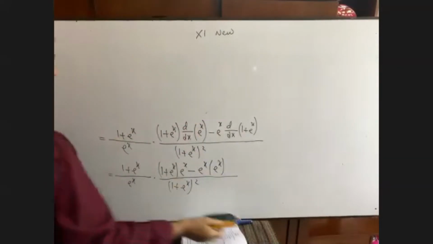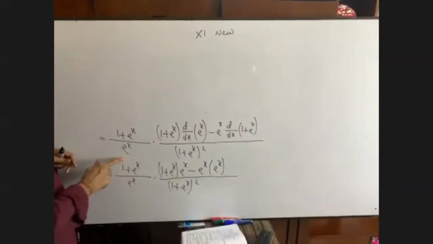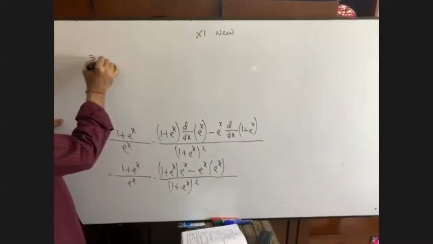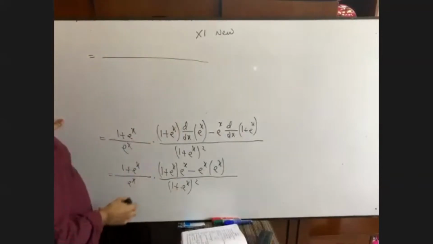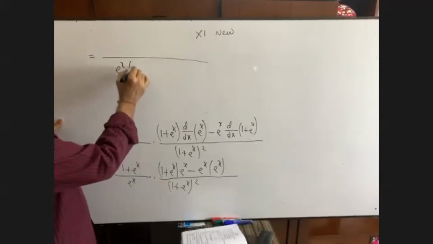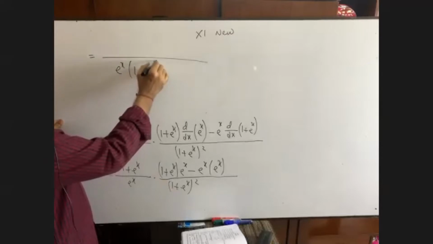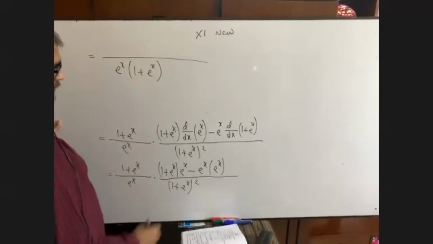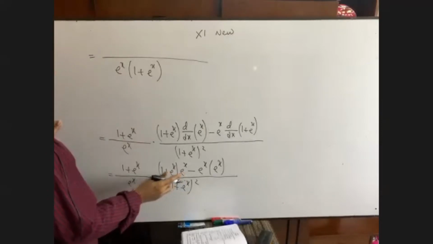Now you see this 1 plus e to the power x, 1 plus e to the power x will be omitted. Okay, so we are left with e to the power x into 1 plus e to the power x in the denominator. And in the numerator, we can take e to the power x common.